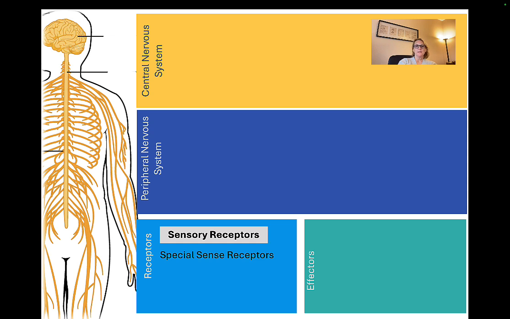Then we also have the visceral sense receptors. Visceral sense receptors are considered more like a general sense or a somatosensation, in opposition to the special senses that we just covered.